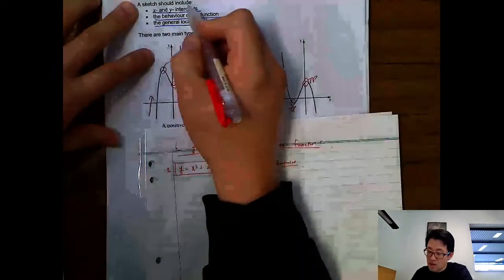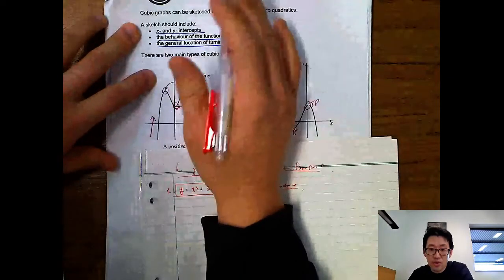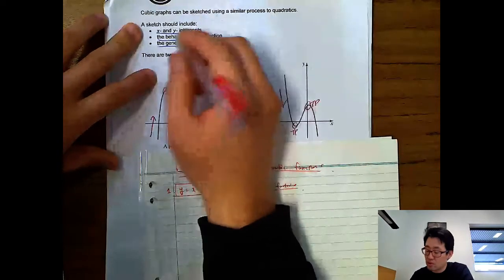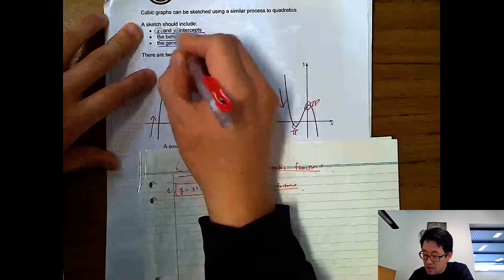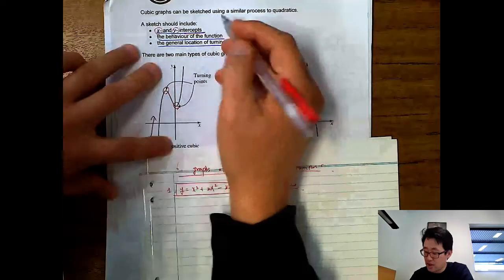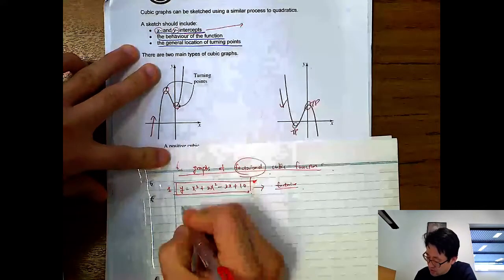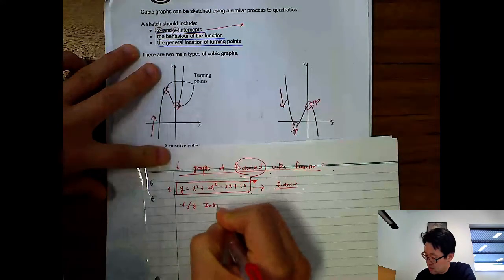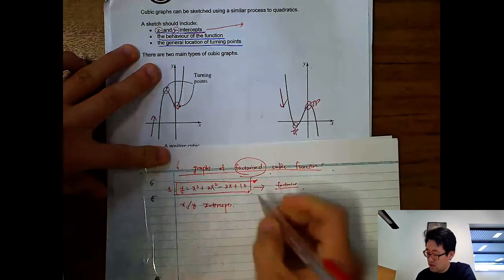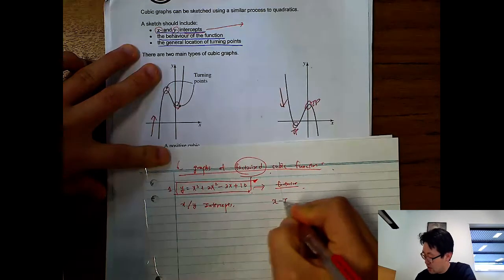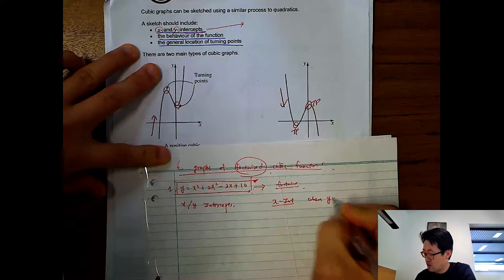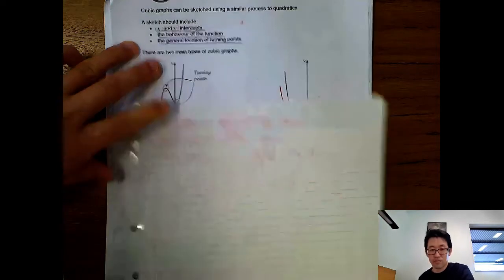A sketch should include, it's always the same with linear, quadratic, cubic, doesn't really matter, X and Y intercepts. So x-intercept is when y equals 0, isn't it?